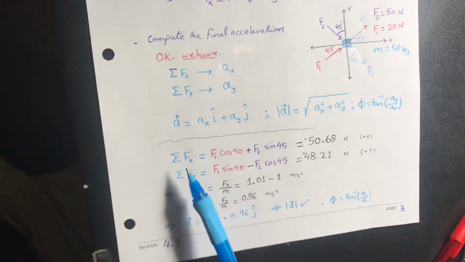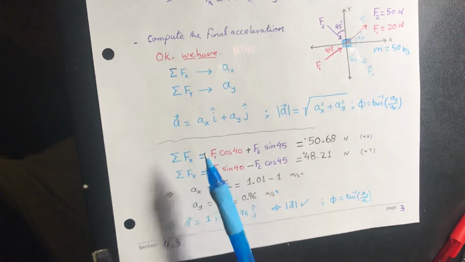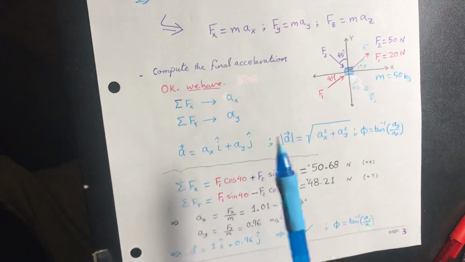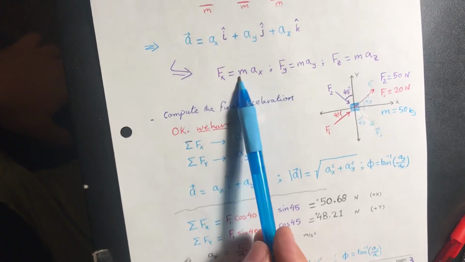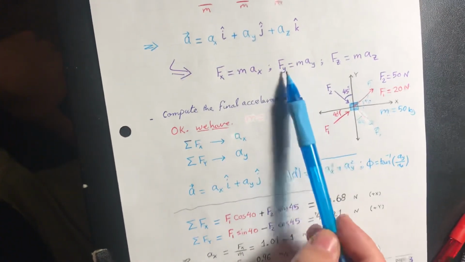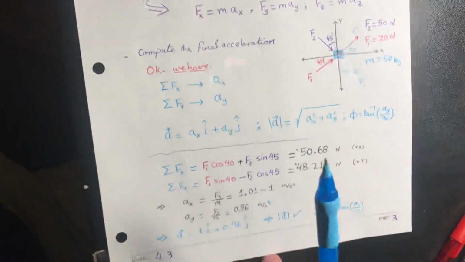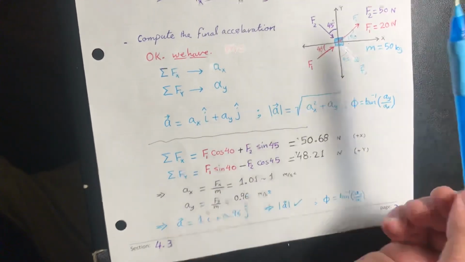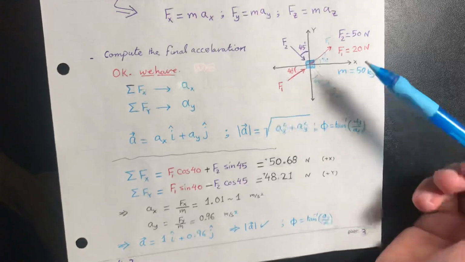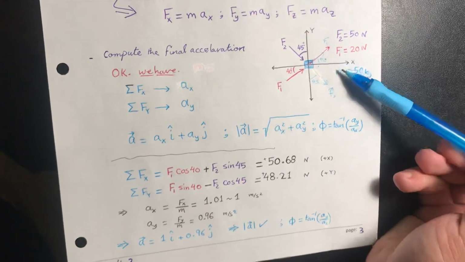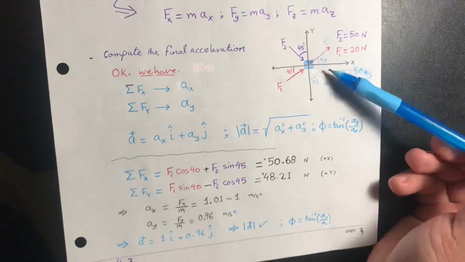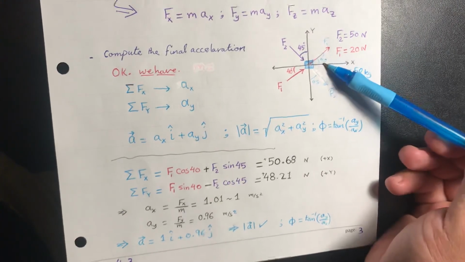So now we need to find fx and fy, because to compute the acceleration we know the mass, we need to find fy. Now fx: this is f1, which has a component in the x positive direction, which is f1 cosine 40.